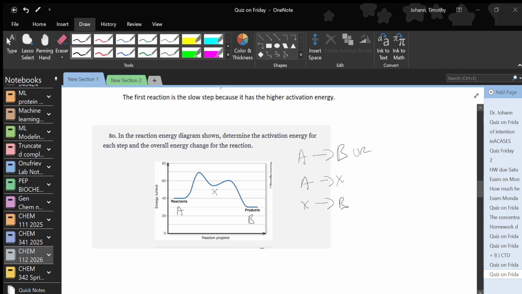All right. It's actually asking for the activation energy of each step. So A to X, the activation energy, EA, equals what? It looks like we start at 40 and we go up to 70, so 30 kilojoules per mole.